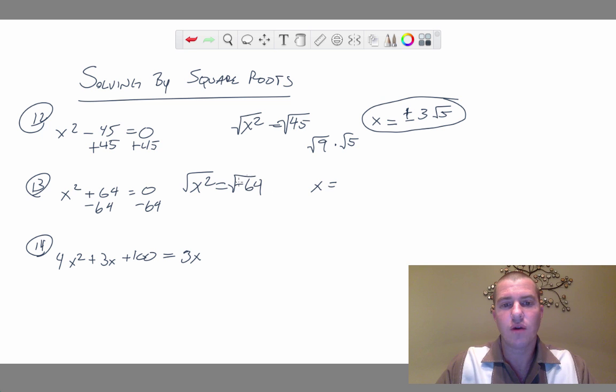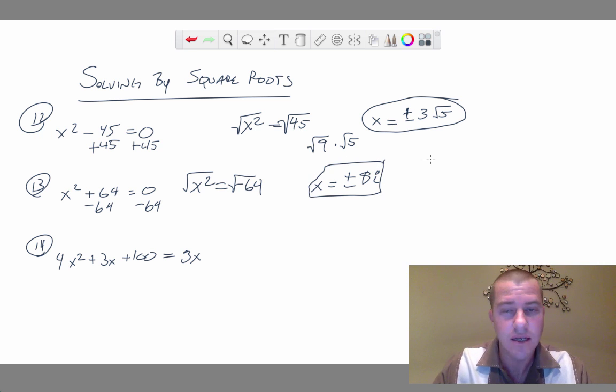Even though I'm taking a square root of a negative, I still need this plus or minus because I took the square root of both sides. And so what this negative does, because it's inside the radical, remember, the i comes on the outside. And the square root of 64 is 8, so this just becomes plus or minus 8i. And I'm done.